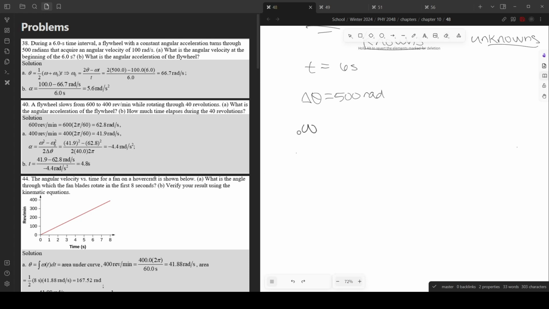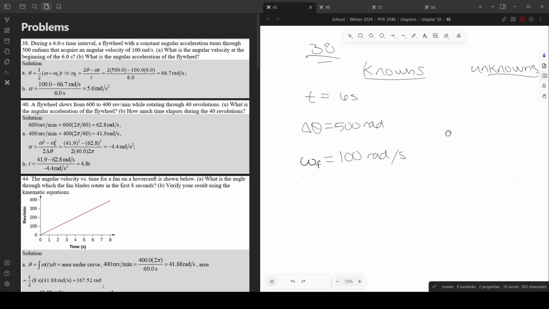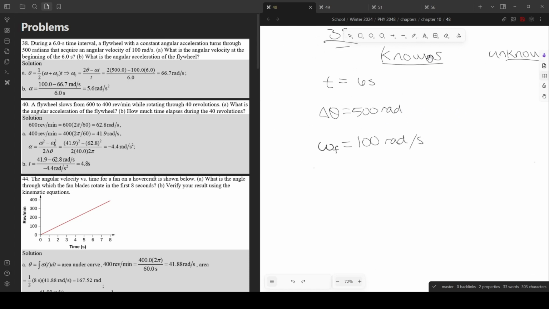I'm really bad at drawing omega, to be honest. It looks pretty bad. Okay, it's kind of just like a W though. So we know that its final angular velocity is 100 radians per second. Alright, so this is everything we know. We also know the acceleration is constant, which might be helpful.